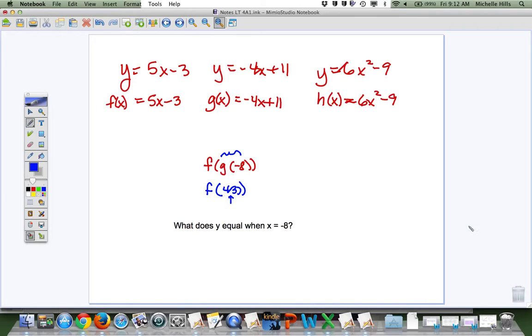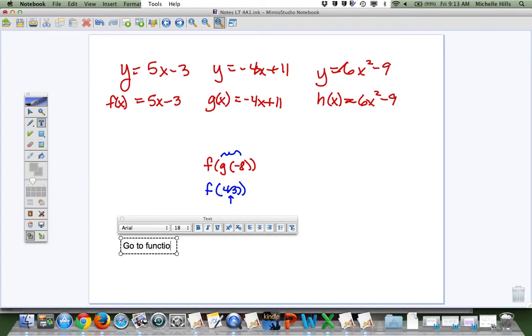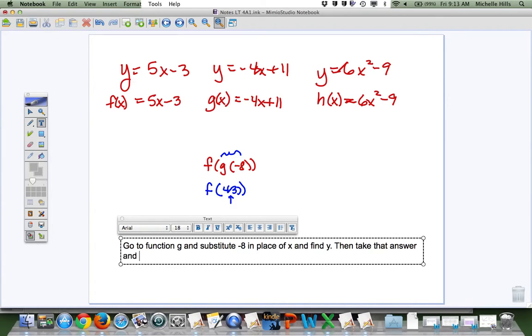Now think about how long that took me to say that. Go to function g and substitute negative 8 in place of x and find y. Then take that answer and substitute it in for x in function f.